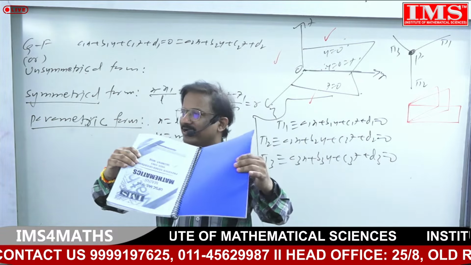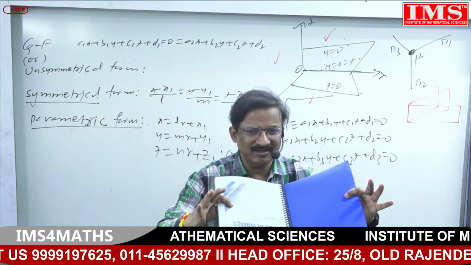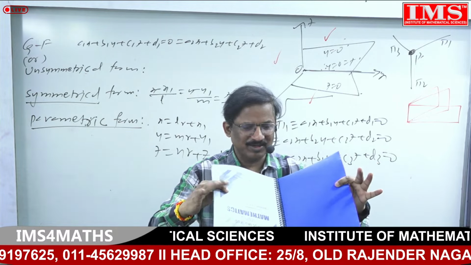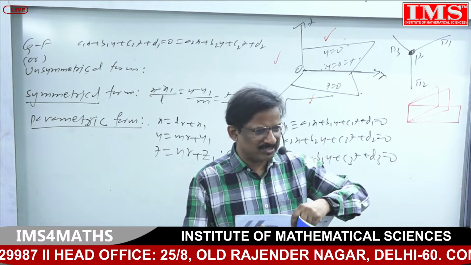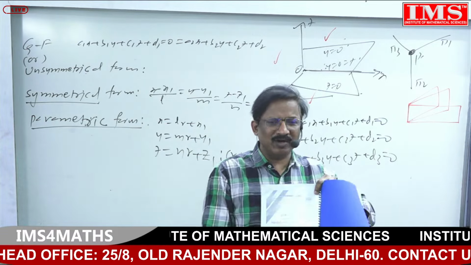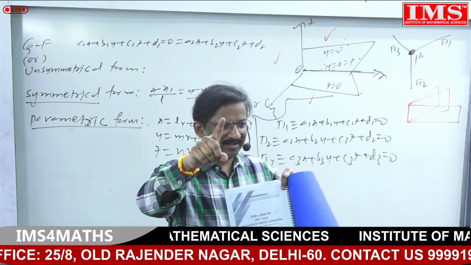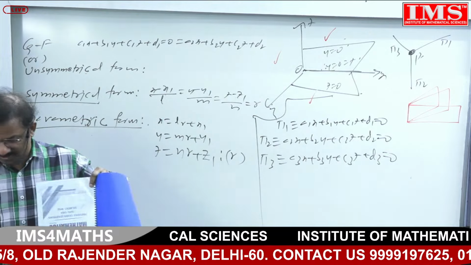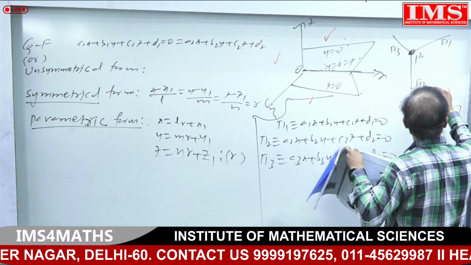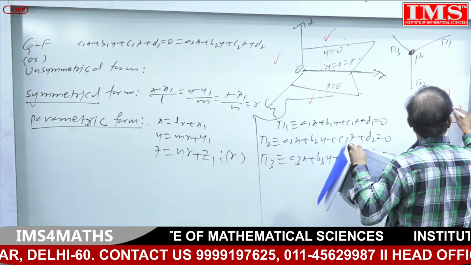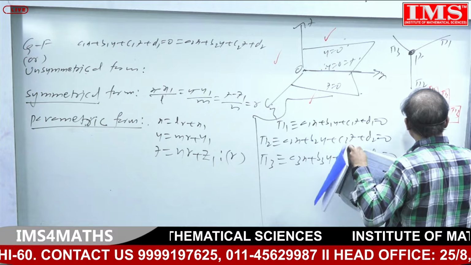Because I told you the condition is that no two planes are parallel. No two planes are parallel. But they're together in a single line. That's what you all understand. Plane 1, plane 2, plane 3. Isn't it? That line is this.